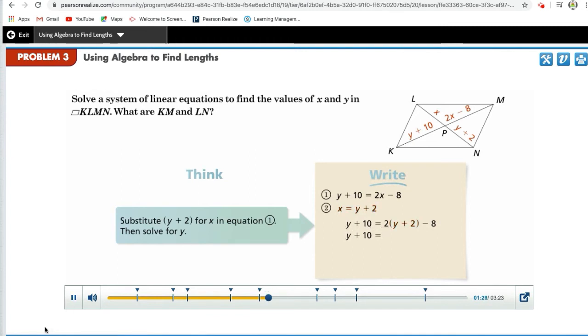Use the distributive property. Then simplify. Isolate the variable to solve.